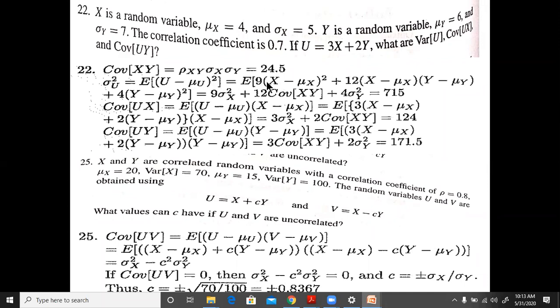So u square will be the value which corresponds to 3x plus 2y, and hence that will give us 3x will give you 9 x minus mu x square, and corresponding to 2y we will get this term over here, and this is the term which is the combination of those two.